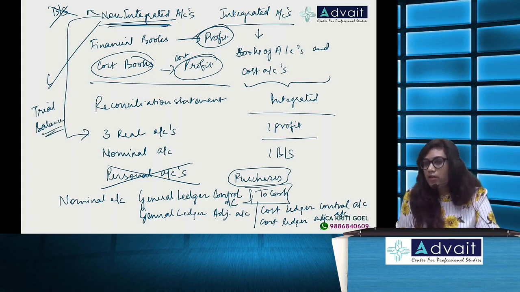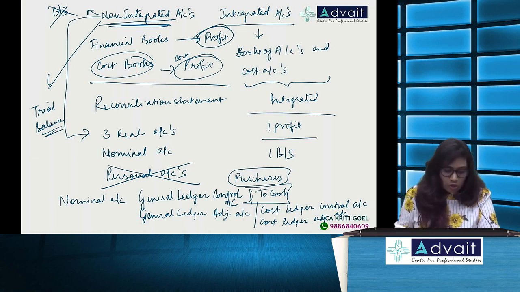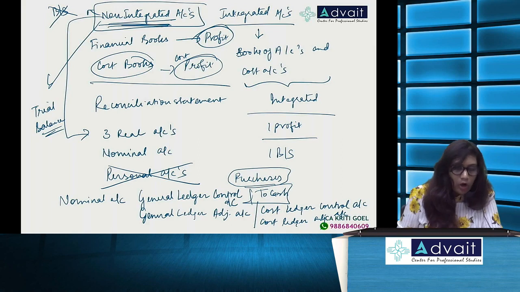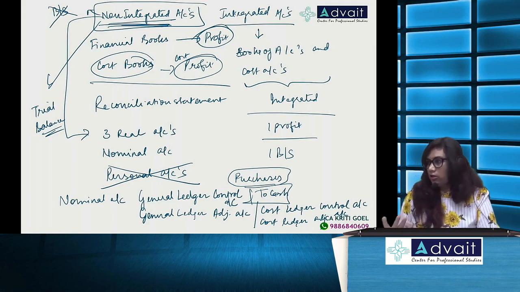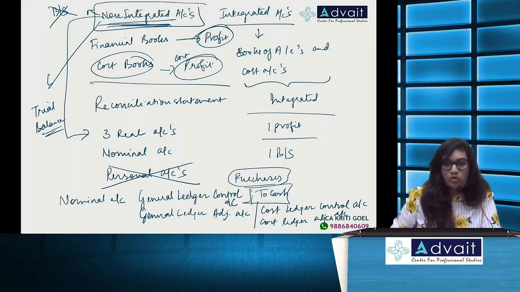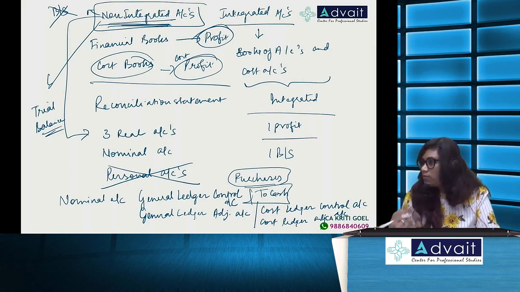And after I prepare the trial balance, I will show my reconciliation, that is of the cost profit with the financial profit. Okay, so now our focus is going to be on non-integrated accounts. If we understand non-integrated accounts, integrated accounts becomes very easy.